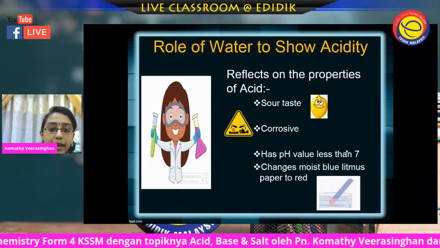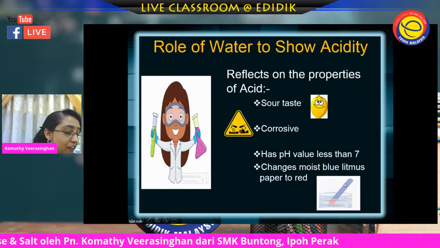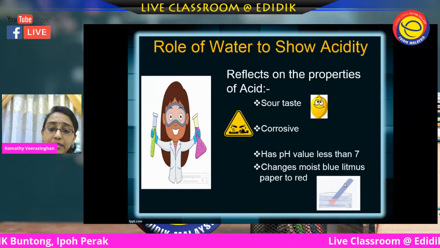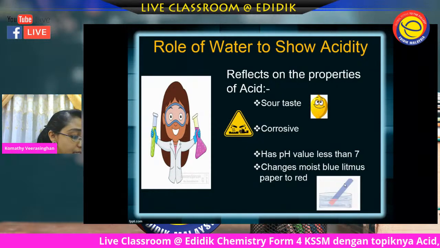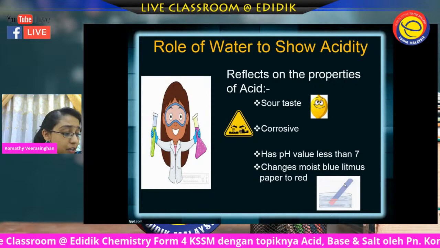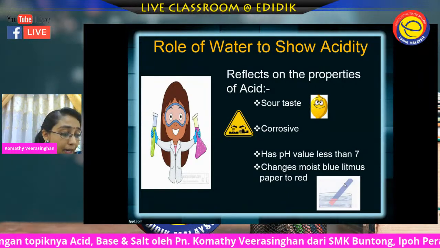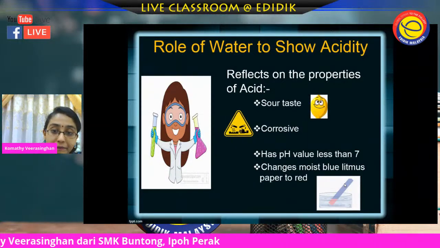Let's look at the third point, the pH value. I found three different types of answers from the students. Some stated more than 7, less than 7, and some gave me 1 to 6, and the other gave me 0 to 6. I hope by the end of this session, all your misunderstandings will be cleared.